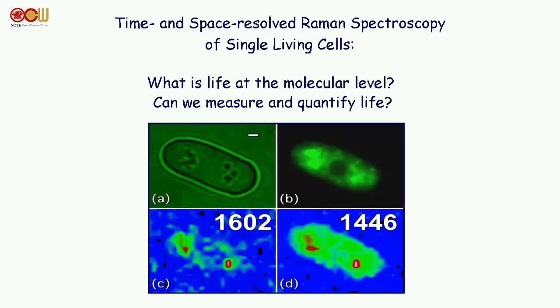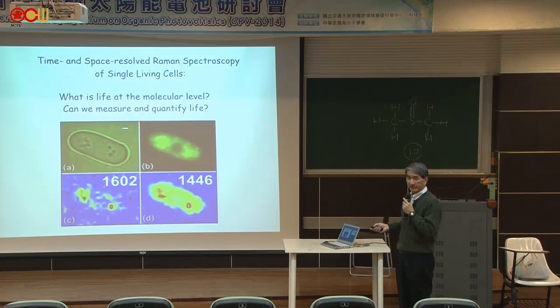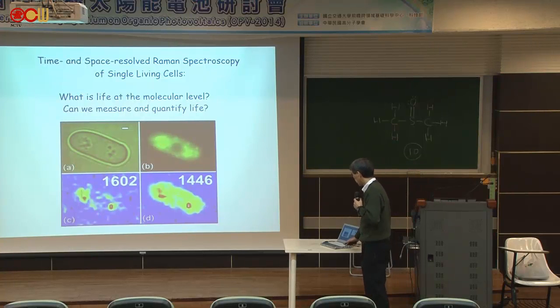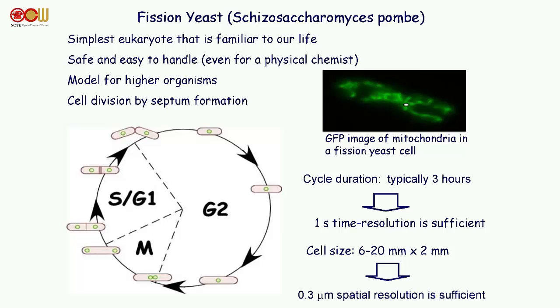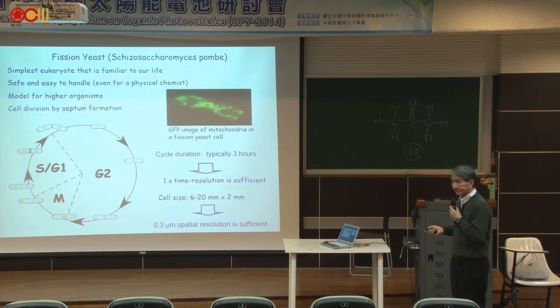So here I repeat, what is life at a molecular level? Can we measure and quantify life? The first living cell that we studied was fission yeast, Schizosaccharomyces pombe. Why did we select this? This is the simplest eukaryote that is familiar to our life.